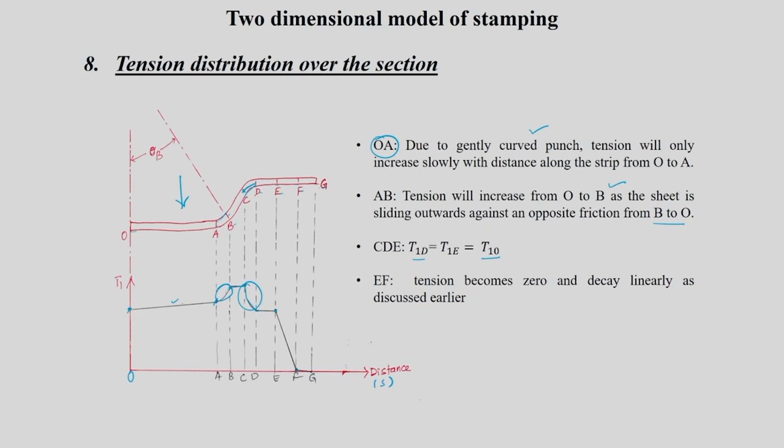This is a side wall region, so tension can be made the same between B and C. And then since it is again a corner, it will slightly decrease. Your D and E will have lesser tension as compared to the other locations, and naturally it is also sensible to see tension decreasing up to this point, and EF is actually linear decay, and after that it is going to remain 0. This is how tension is going to change.